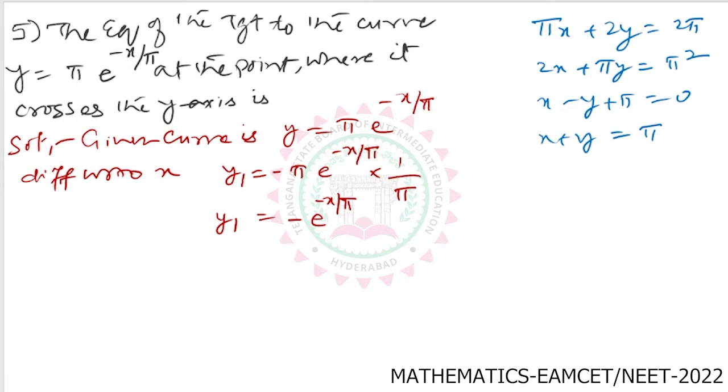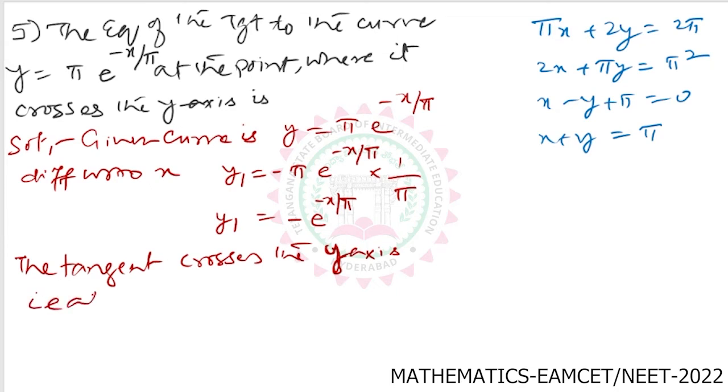Is it clear? So what he says, according to the problem, when the tangent crosses the y-axis, it means that at the y-axis, x is equal to 0.